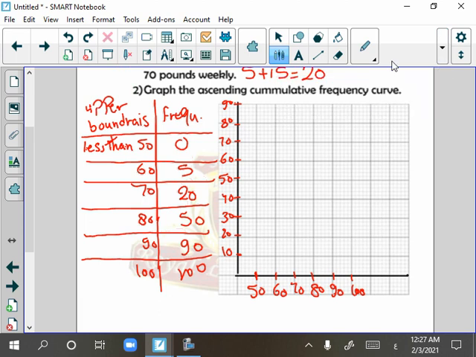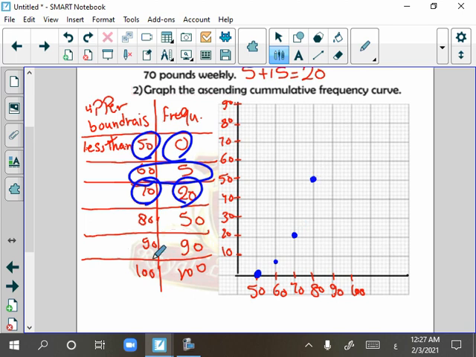The first one, 50, was 0. The second one, 60, was 5, and it will be here. And 70 was 20, it will be here. And 80 was 50, it will be here.